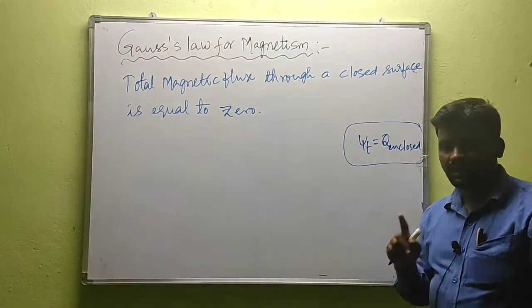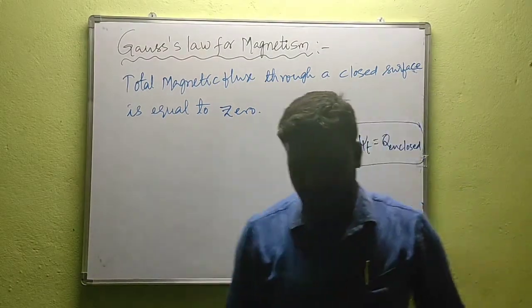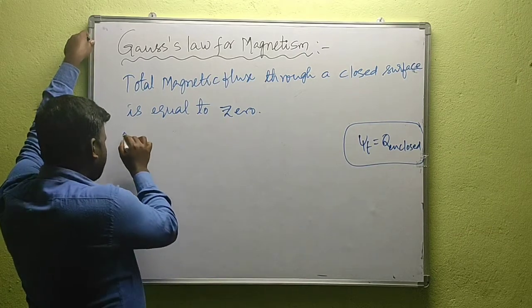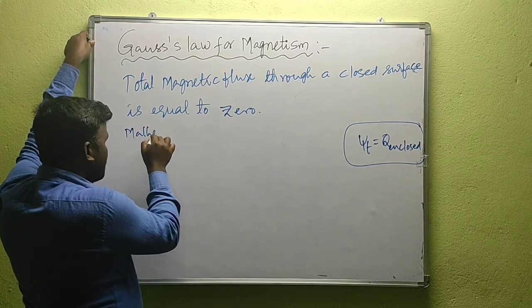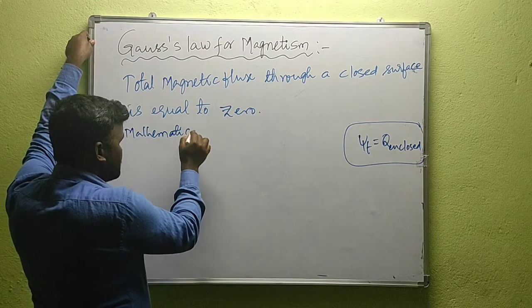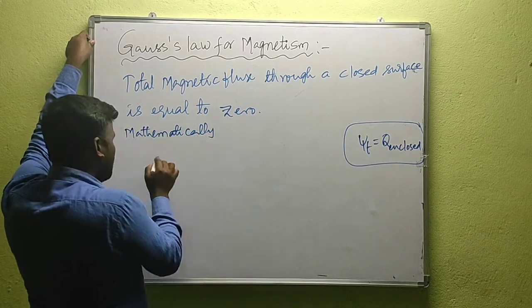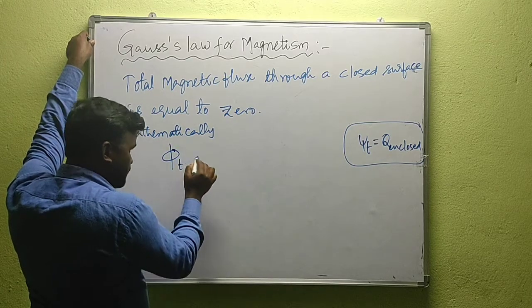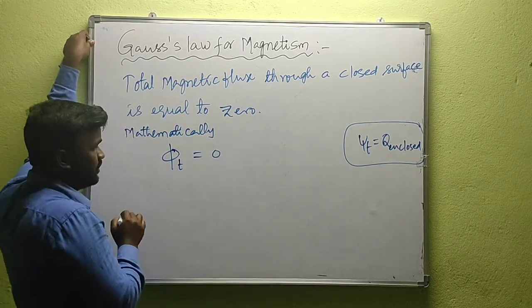Mathematically we can write psi, that is total magnetic flux through a closed surface, is equal to 0.